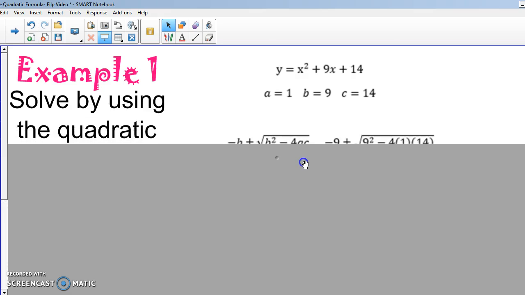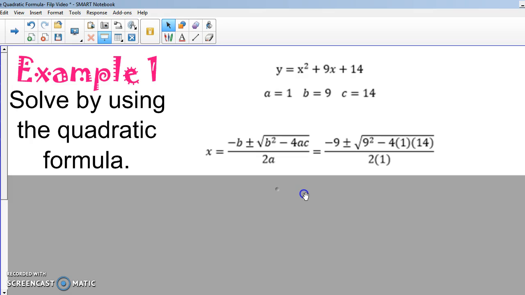All right, then what we're going to do is write down our formula. So I wrote down x equals negative b plus or minus the square root of b squared minus 4ac, all divided by 2a. Then all I did was plug in the a, the b, and the c. So my b was 9, so negative b is going to be negative 9 plus or minus the square root. b squared is going to become 9 squared minus 4.